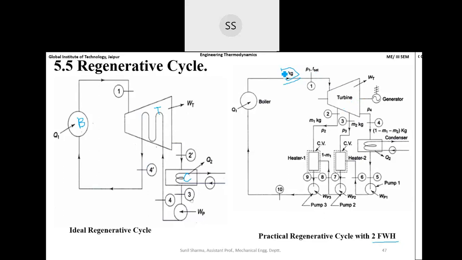So when 1 kilogram goes to the turbine, the exit is at point number 4. But initially, we release some part of the steam at point number 2. So this is with the help of FWH.